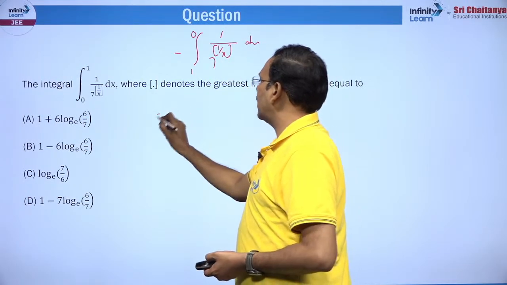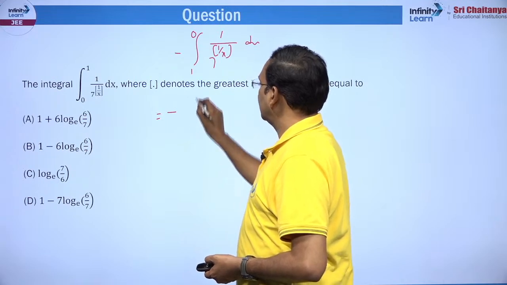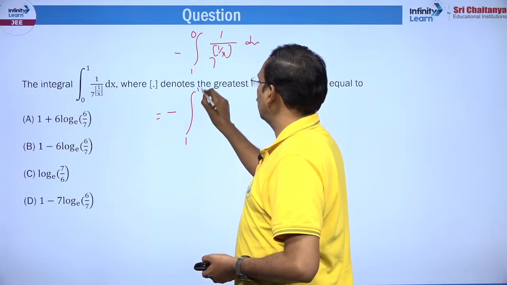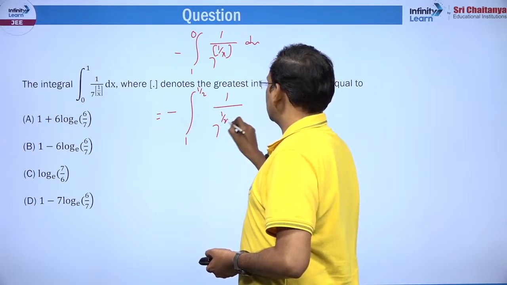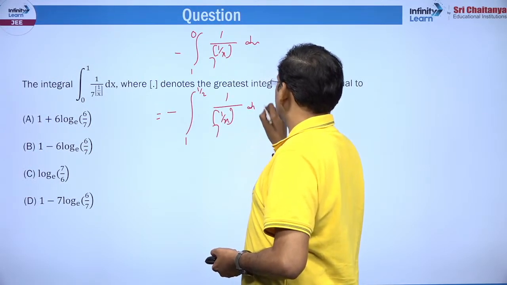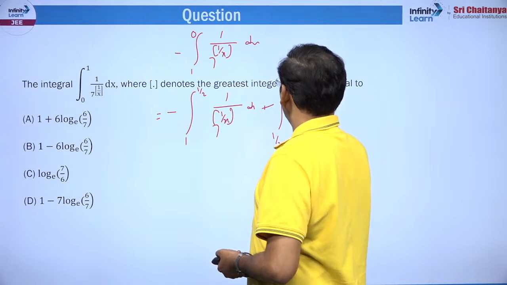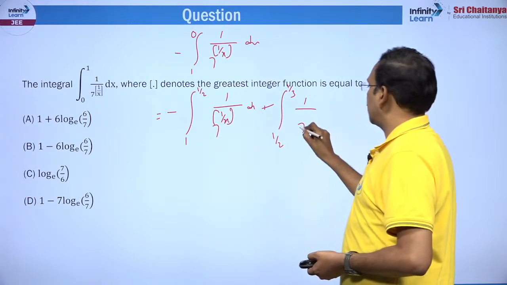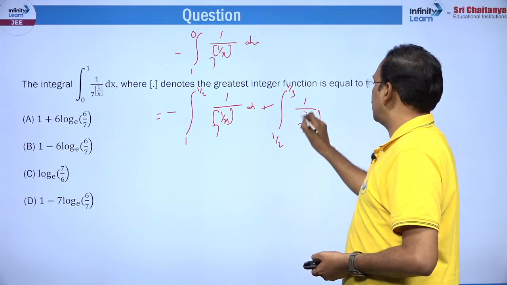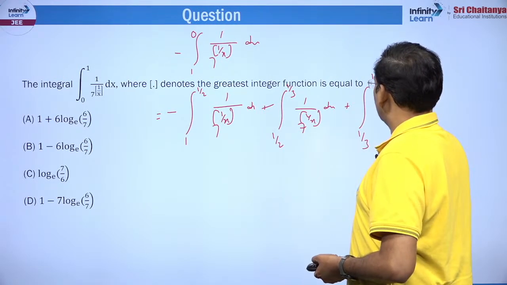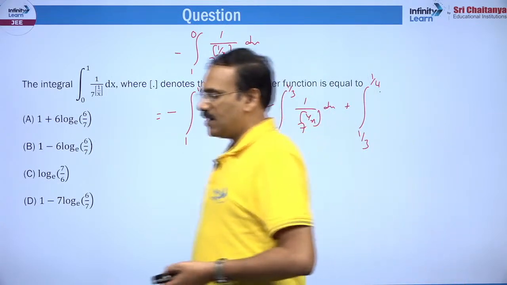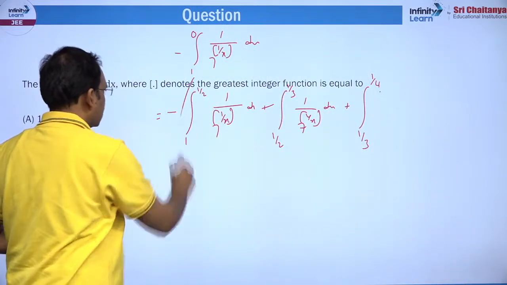Now I want to write it as minus integral 1 to 1 by 2, 1 by 7 power step of x dx, plus integral 1 by 2 to 1 by 3, then 1 by 3 to 1 by 4, like that I want to do.